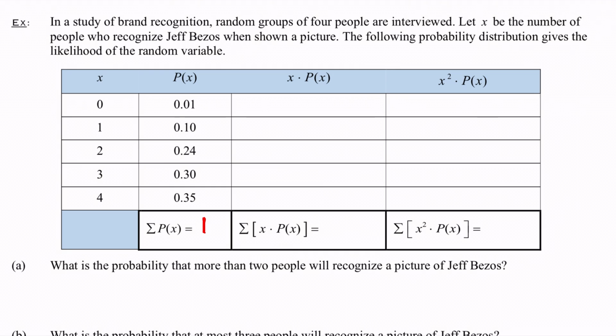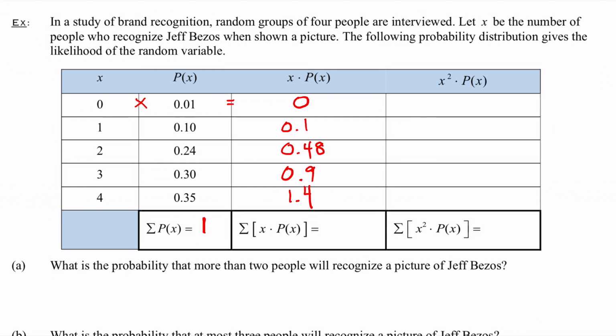And then to compute the mean, in the next column we'll multiply each of these values. 0 times 0.01, of course that'll be 0, to fill in the entries in the next column. 1 times 0.1 will be 0.1. 2 times 0.24 will be 0.48. 3 times 0.30 will be 0.9. 4 times 0.35 will be 1.4.